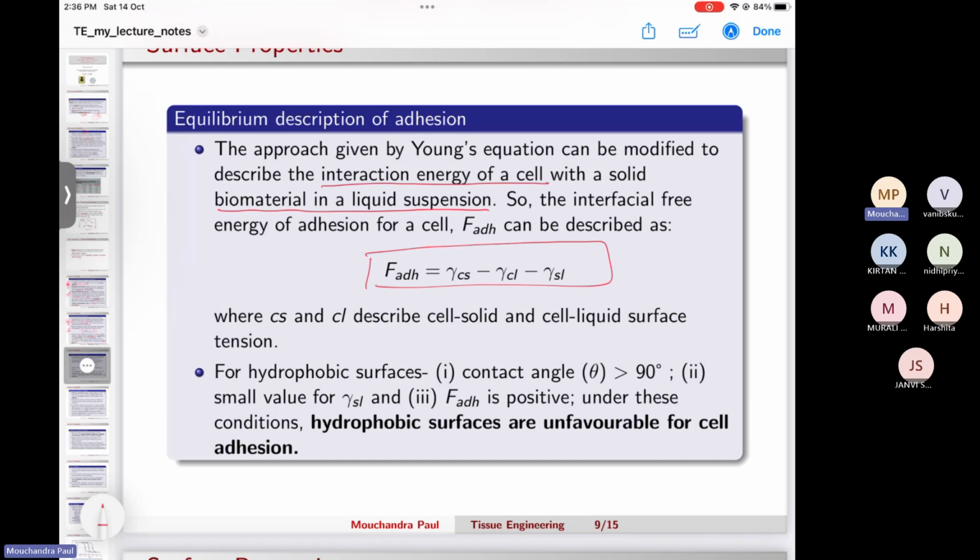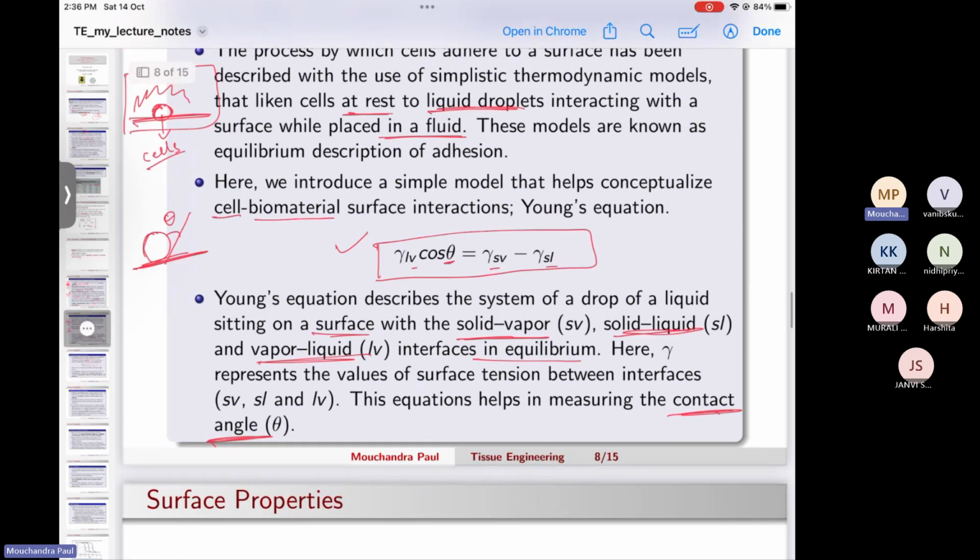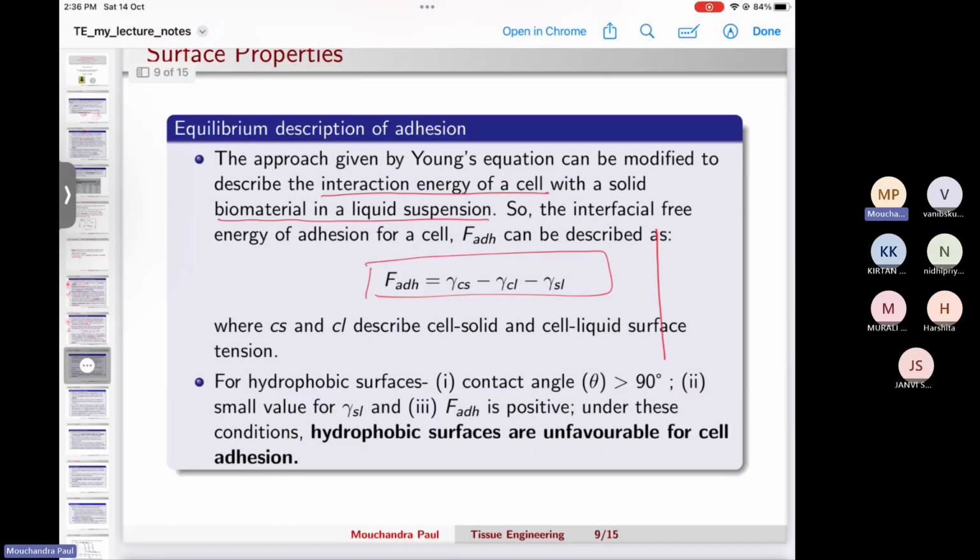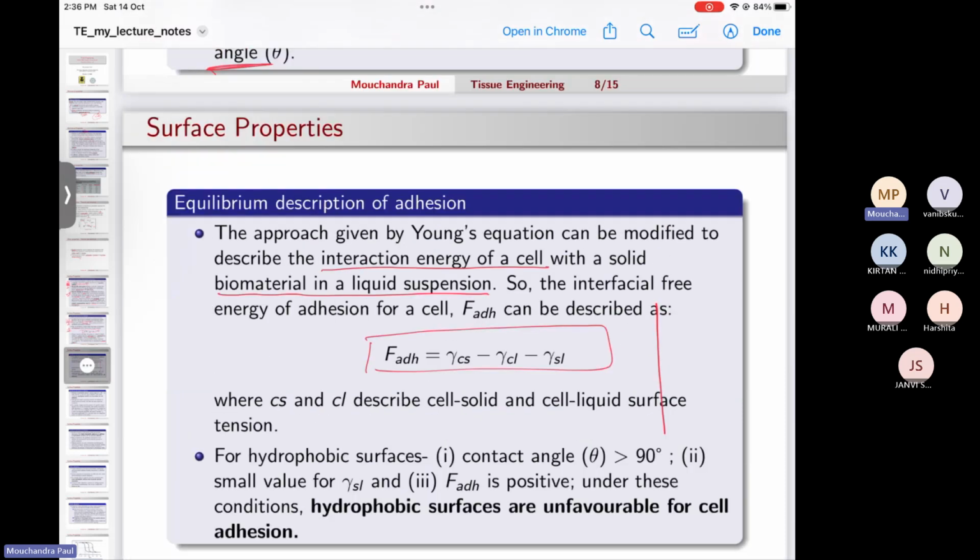In the previous equation there was no cell; we didn't use C as a subscript anywhere, there was L, V, S. But now we have modified that equation to incorporate cell-solid surface interaction, cell-liquid interaction, and solid-liquid interaction.